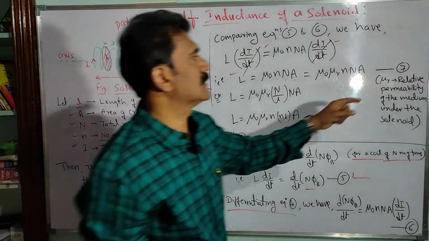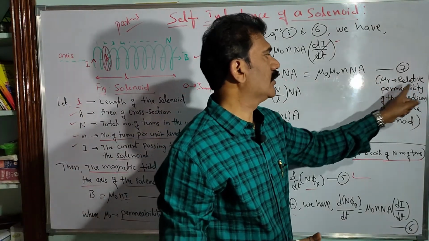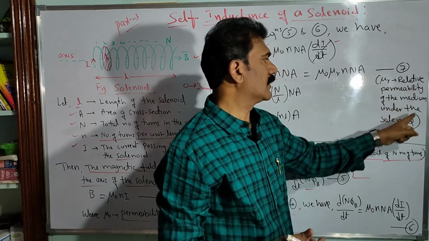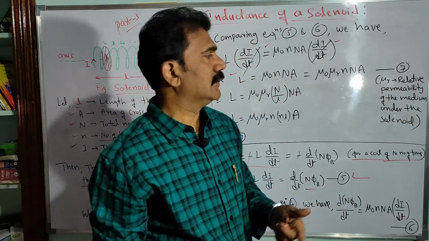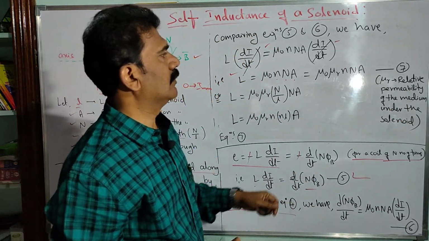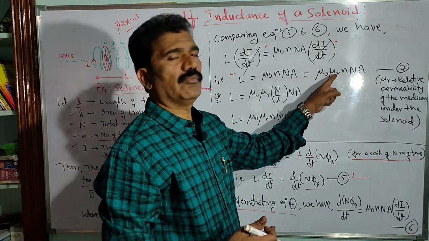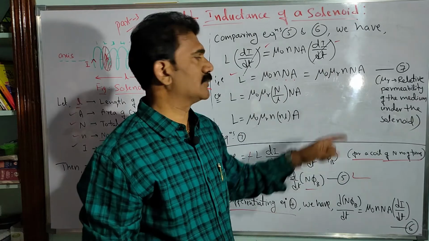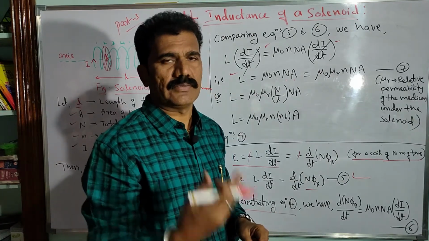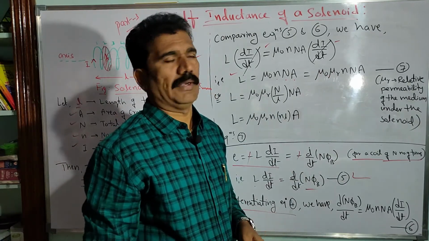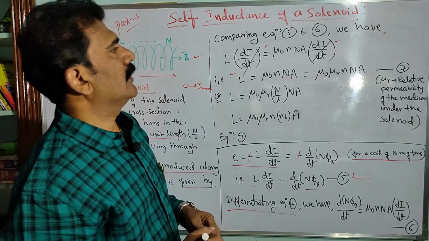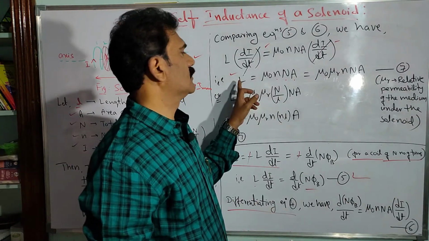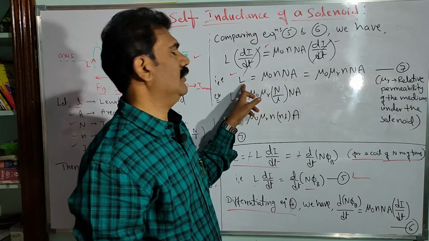So mu r is the relative permeability of the medium under the solenoid. Whatever the medium may be, depending upon that medium we can substitute the value of mu r. If it is free space, then mu r is equal to 1. So now equation 7 is the equation for self-inductance of the coil.